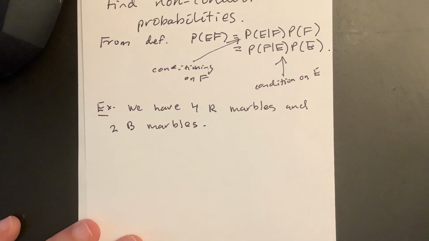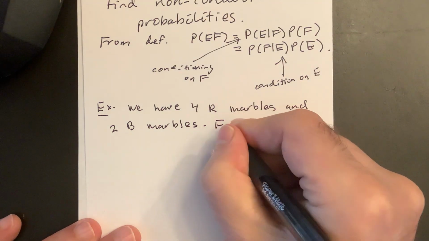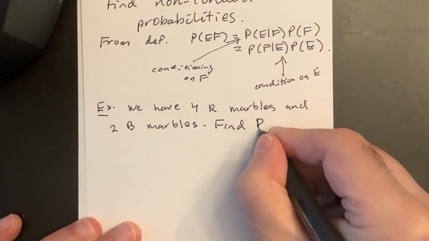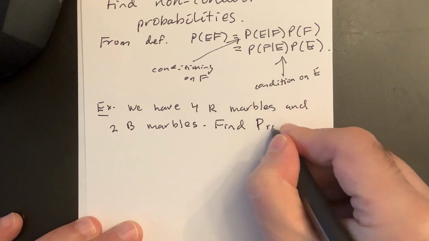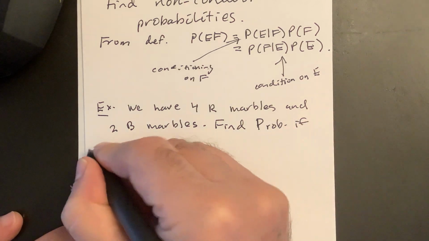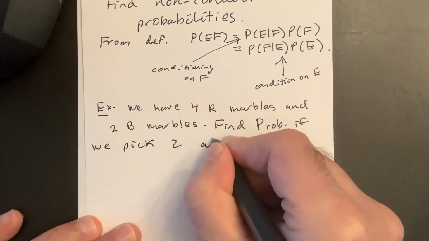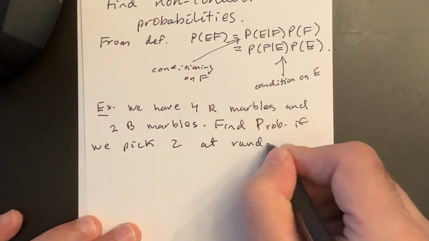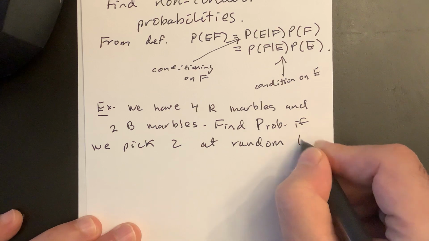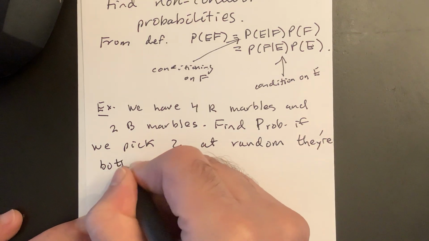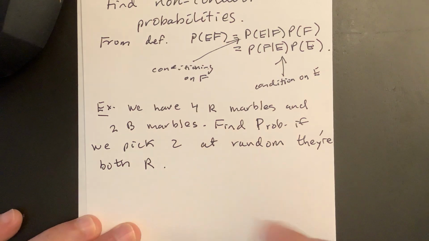Find the probability that if we pick 2 at random, they're both red, say.